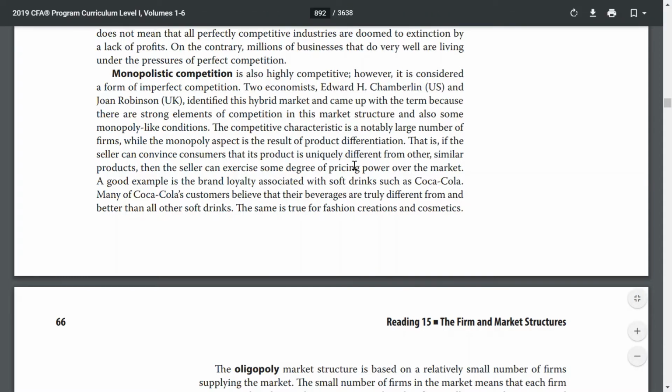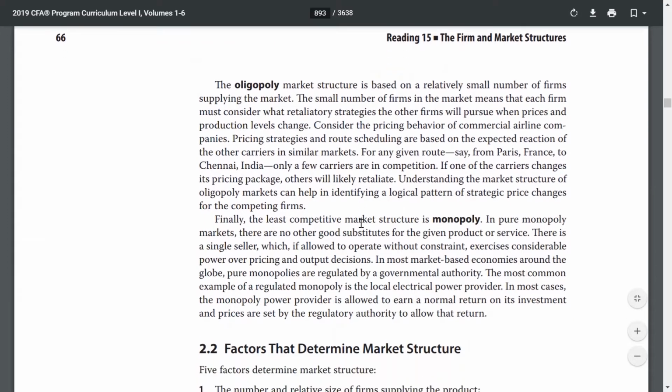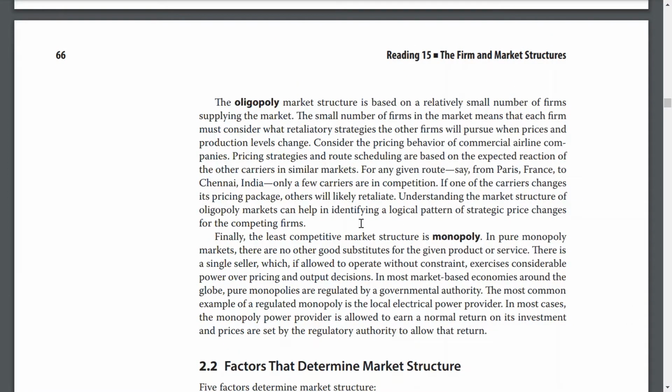The oligopoly market structure is based on a relatively small number of firms supplying the market. A small number of firms means that each firm must consider the retaliatory strategies the other firms will pursue with price or production level changes. Consider the pricing behavior of commercial airline companies. Pricing strategies and route scheduling are based on expected reactions of other carriers in similar markets.